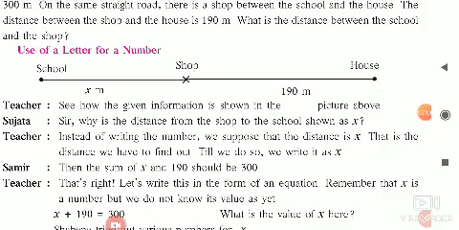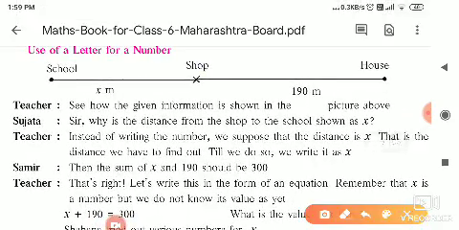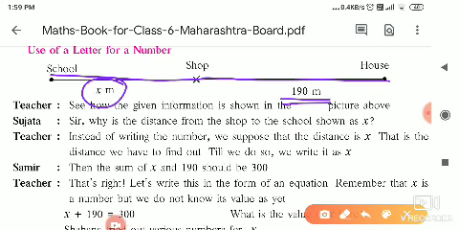For that we let the distance between the school and the shop be x meters. The distance between the shop and the house is 190 meters, already given. And the distance between the school and the house is 300 meters, already given.